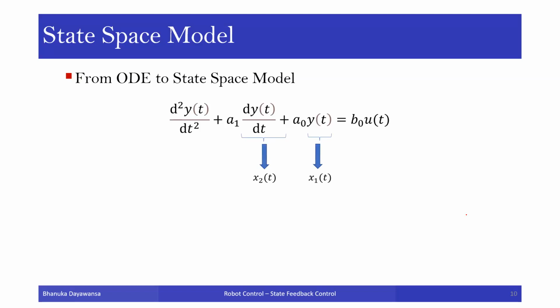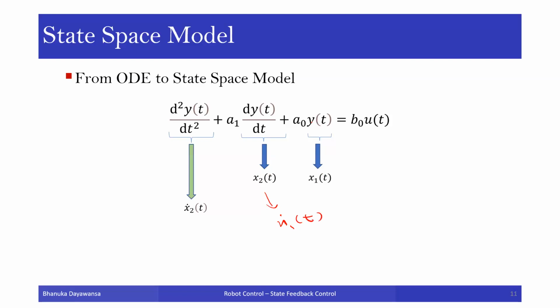For the highest order derivative, we don't get another state variable; we write it as a derivative of one of our state variables, x2 dot. Now we try to find relationships between these. You can see x2 dot is equal to x1 dot t, this is actually x1 dot t.